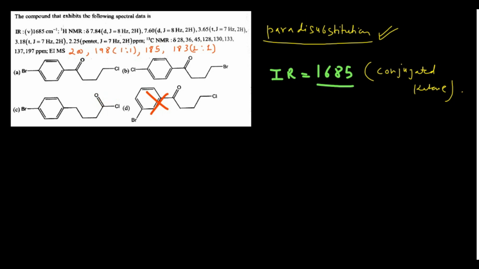So for the carbonyl group in the form of an acid chloride, please remember, near about 1800 cm inverse is there, which is quite a high value. So based on this, we can discard this option also. Option C cannot be your answer, because this acid chloride should have the carbonyl stretching frequency around 1800 cm inverse.